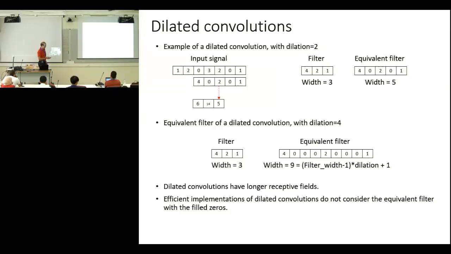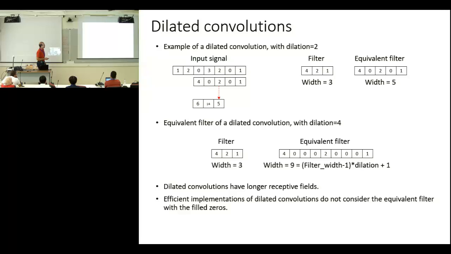And so on. However, in that case, we do some unnecessary multiplications. For example, the multiplication of 3 with 0 is unnecessary because we know the outcome, it is going to be 0.